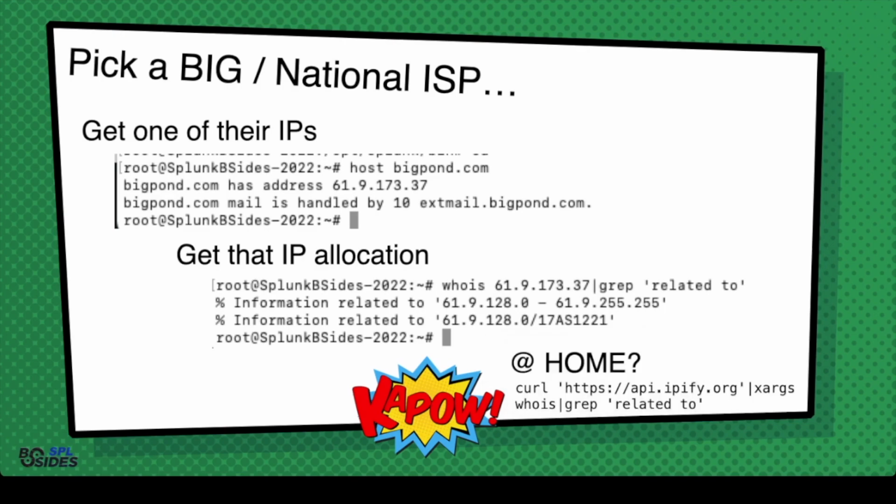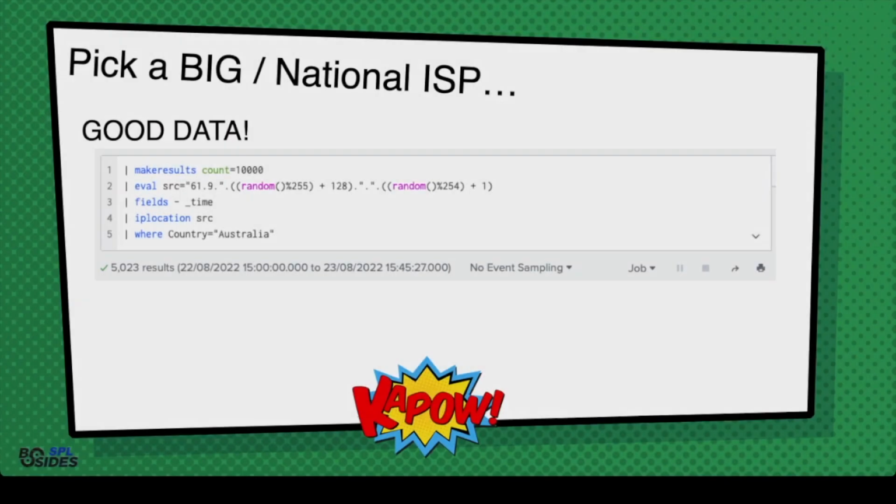Now, if you're at home, you can hit an API and grab some related data off of your home internet connection straight off of terminal. I'm not going to show my home IP address, but that is something that you definitely can do if you're working from home. So here we have our scenario where we can make a whole pile of addresses.